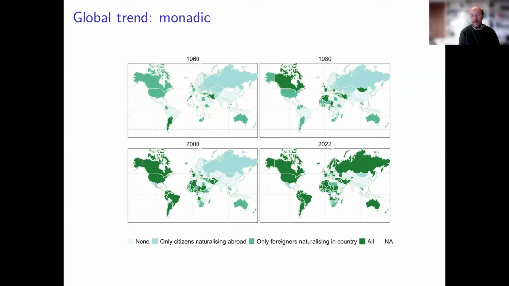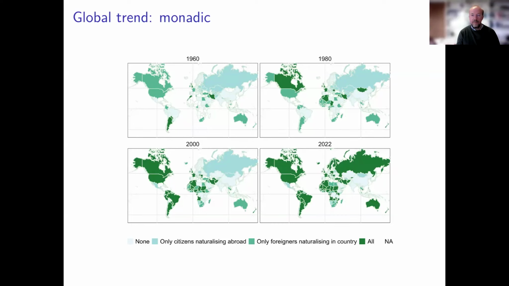Okay, well, we first look at the monadic trend, so the rules in place in individual countries. And when we look at these countries that we cover in our data set from 1960 to 2022, we see that when we go back 60 years in time, most of the countries in the world still restricted dual citizenship or restricted it only for certain categories.